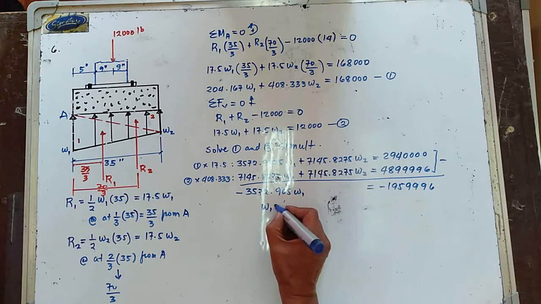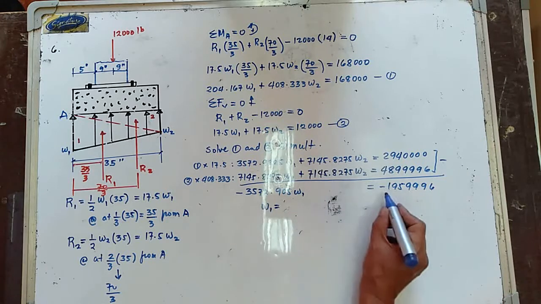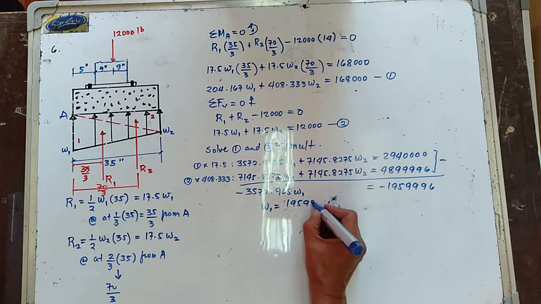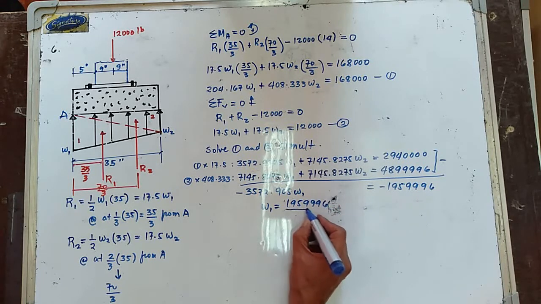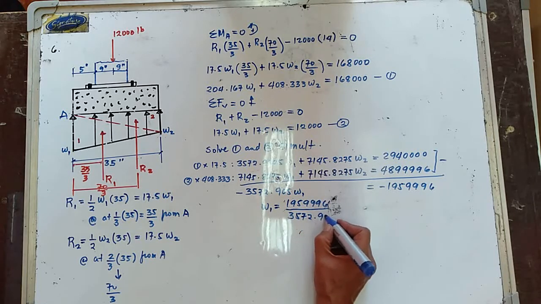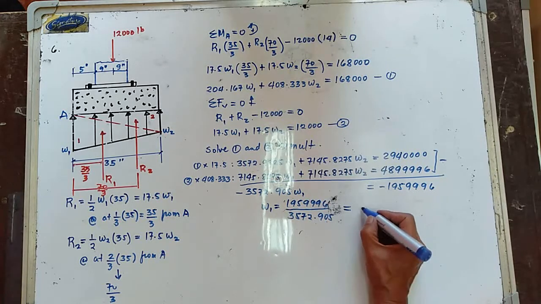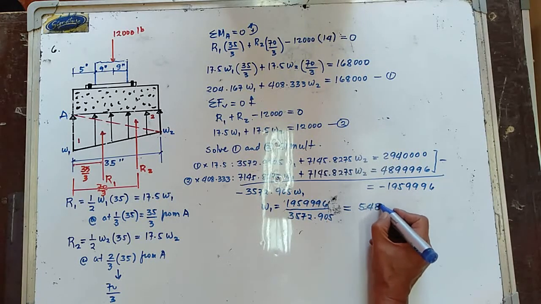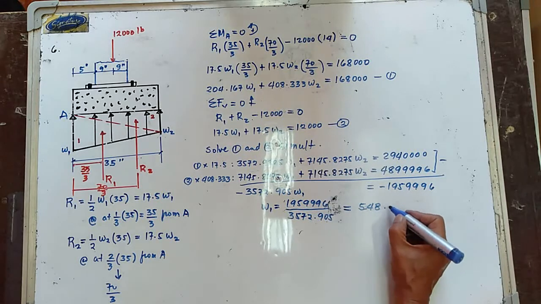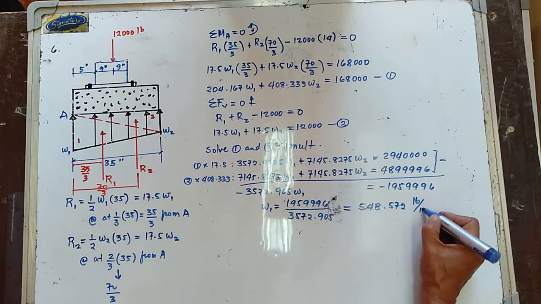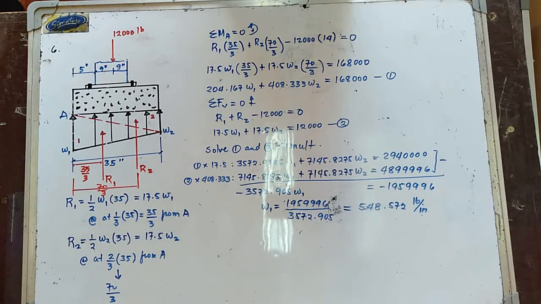Hence, W1 is, negative and negative cancels out, 195.9996 all over 3572.905, or this is equal to 548.572 pounds per inch. So that is the value of W1.